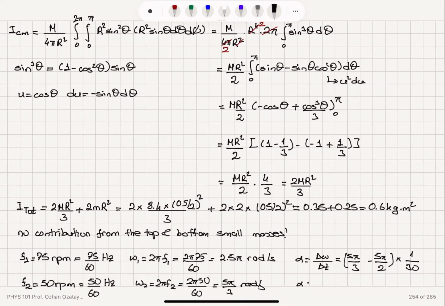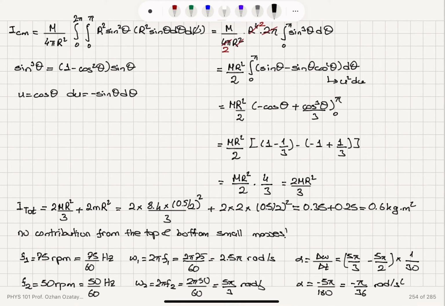So this angular acceleration is minus 5 pi divided by 180, which is minus pi over 36 radians per second square.